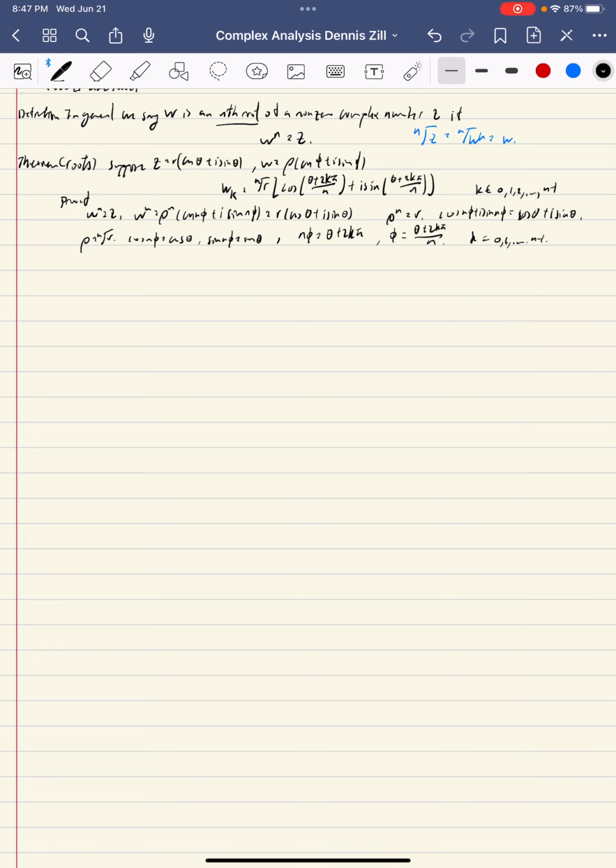And well, how about we let k be equal to n plus m, then phi really becomes (theta plus 2(m plus n) pi)/n, right?